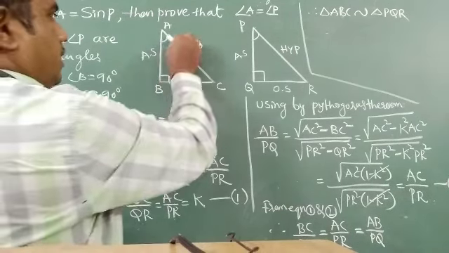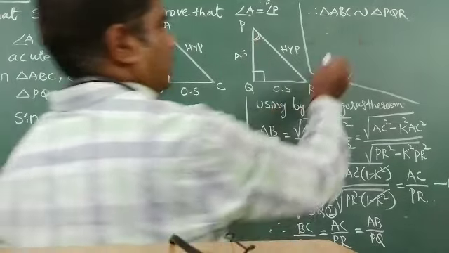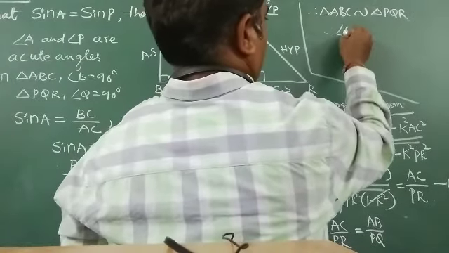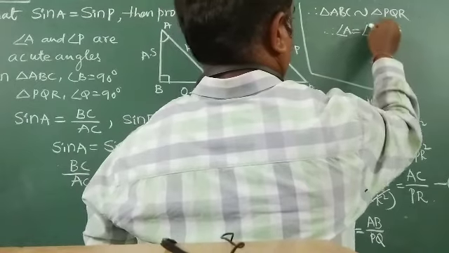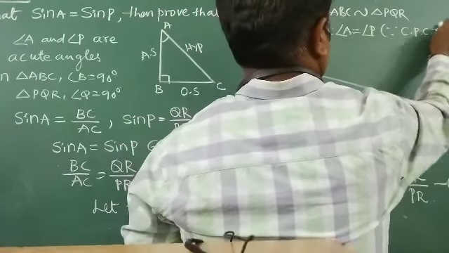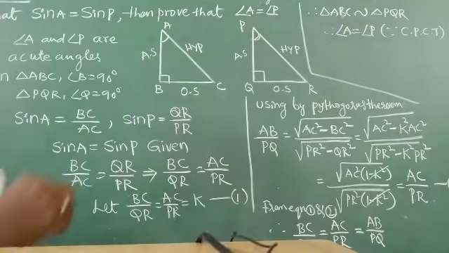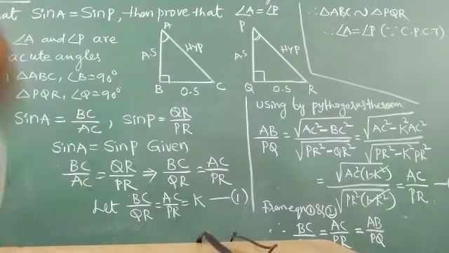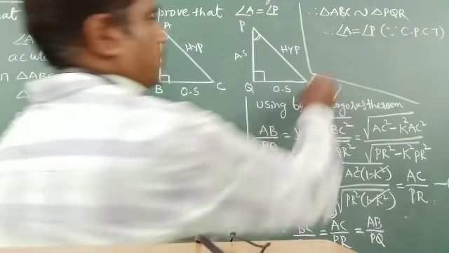So here angle A's corresponding part is angle P. Therefore angle A equals angle P, since corresponding parts of similar triangles are equal. Hence proved.